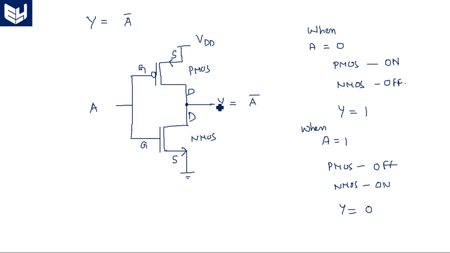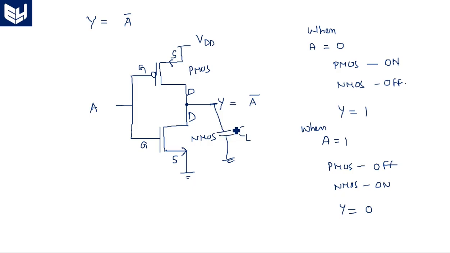Generally we will consider a capacitor here, known as a load capacitor. When you are working with digital circuits and their analysis, we generally consider a capacitive load at the output to calculate the rising and falling periods, and also because when you connect the output of any circuit to other circuits, this acts as a load.